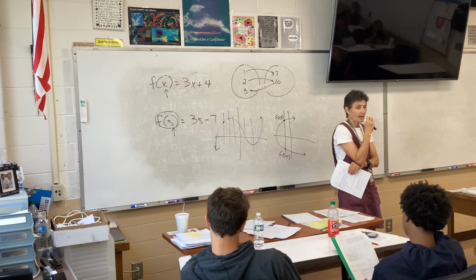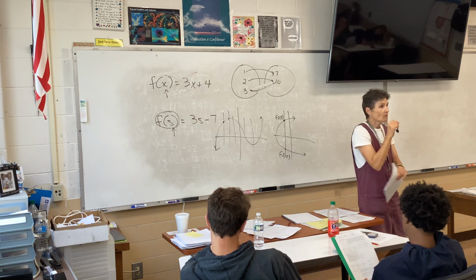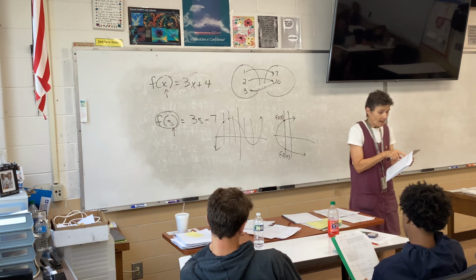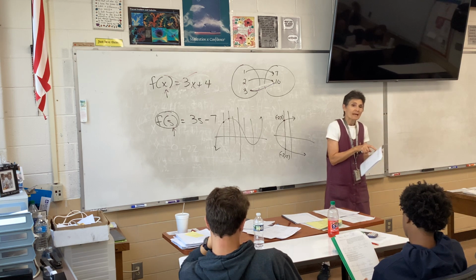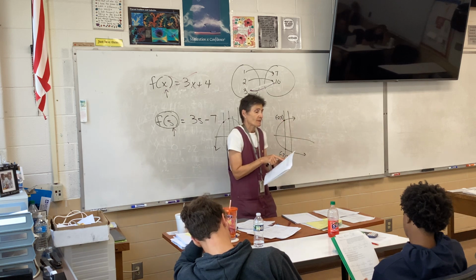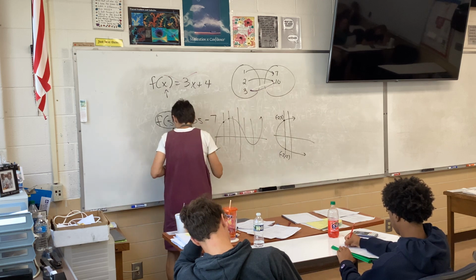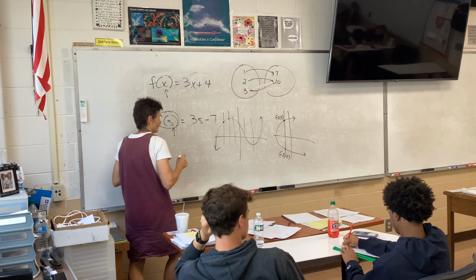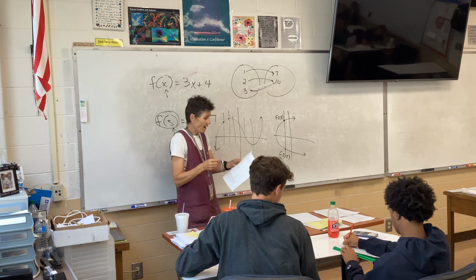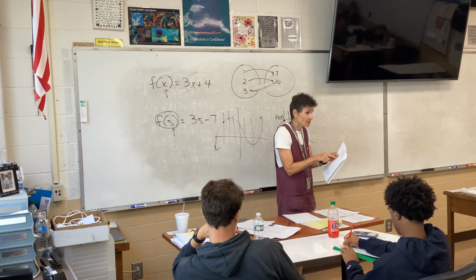Mr. Miller and I, in our math vocabulary, will say that has a hole in it. Any picture that has a hole in it, that hole is called a removable discontinuity. Now, there are a couple of ways to have a removable discontinuity.